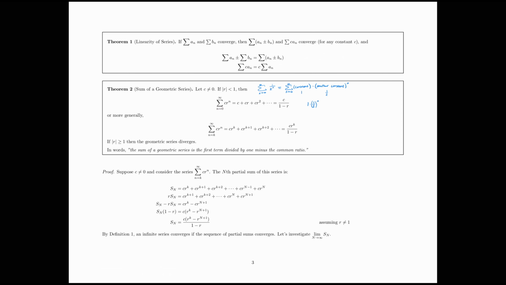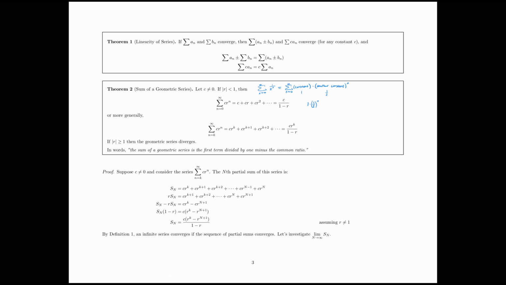If the initial value of the index is something other than 0, let's say we start at some arbitrary value k, then the series converges to c r to the k over 1 minus r.